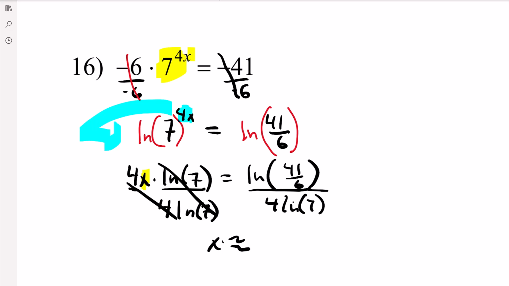So x is approximately. So this is a little bit trickier, kind of. But I think we can type it exactly like that. ln, in parentheses, 41 divided 6, close parentheses, divide 4, ln 7, close parentheses, enter. And we get about 0.9349.